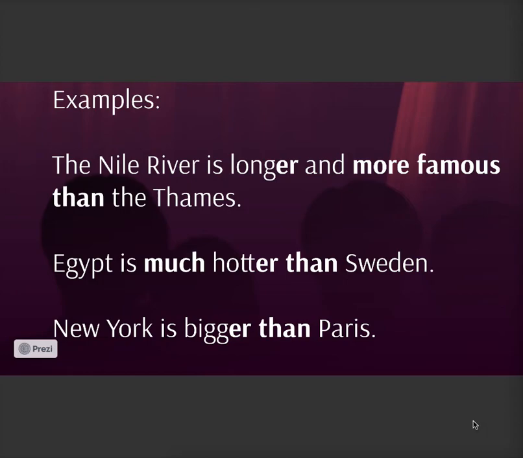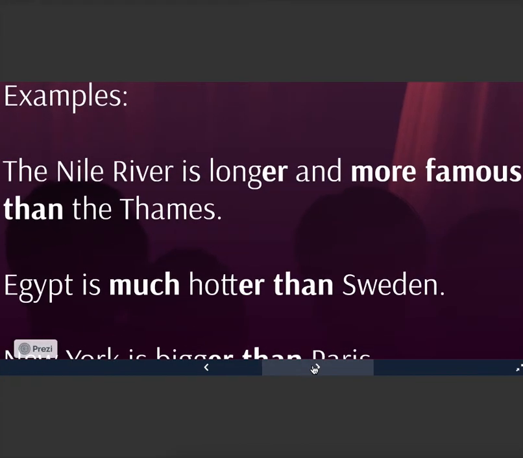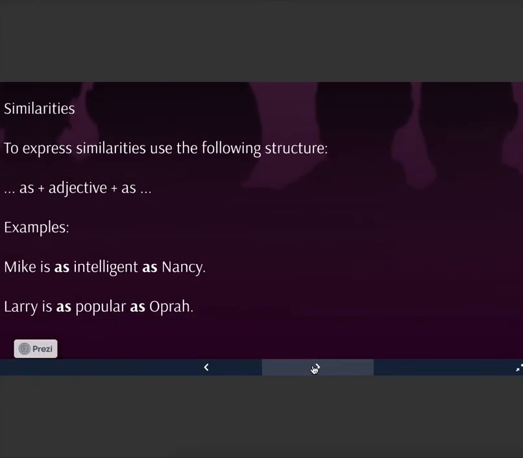No questions? Okay. So now, my dears, look at this. There is another part of comparatives, which is as. If I say this, guys, Mike is as intelligent as Nancy, what am I saying?